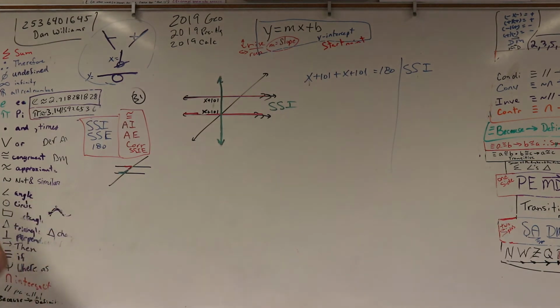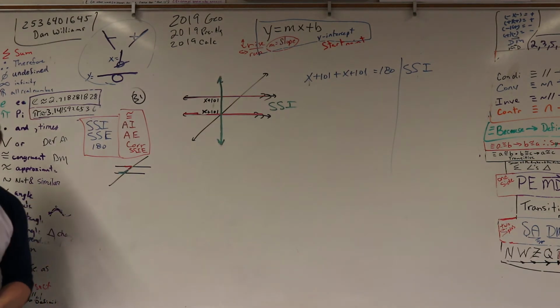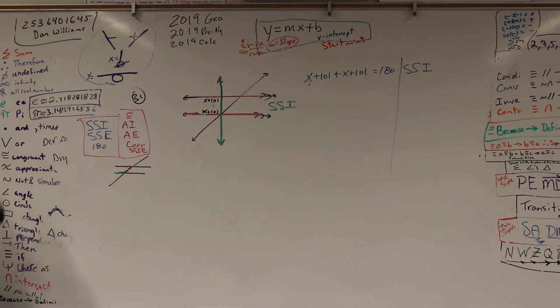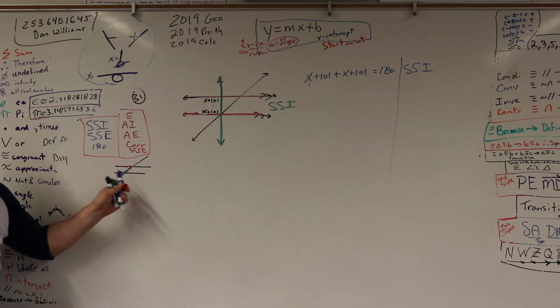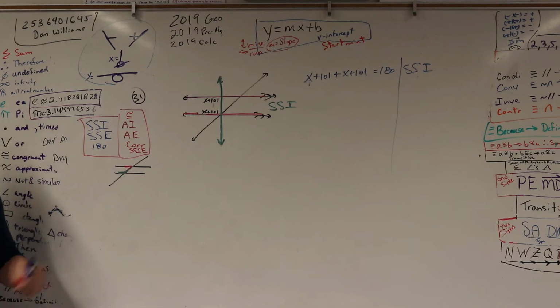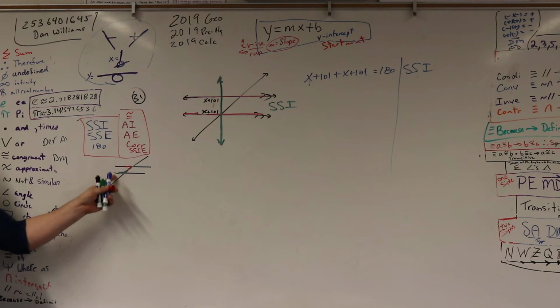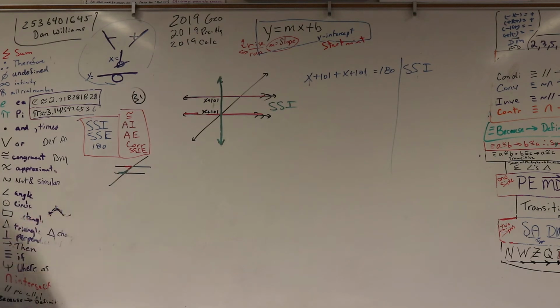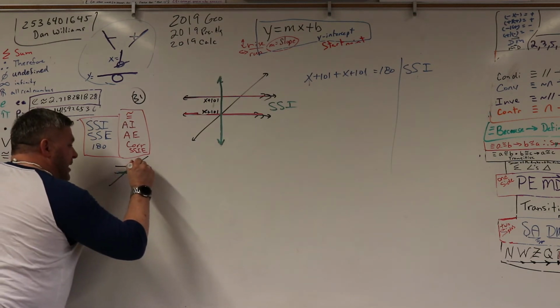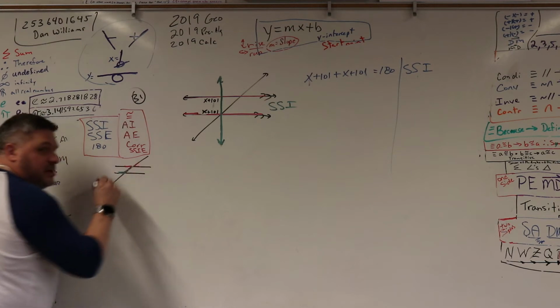So if you're stuck on a test, especially on the state test or on the SAT or ACT, you can remember it by just drawing yourself a little picture. Oh yeah, if they're parallel, these inside ones, and the same way, hey, these are congruent also.